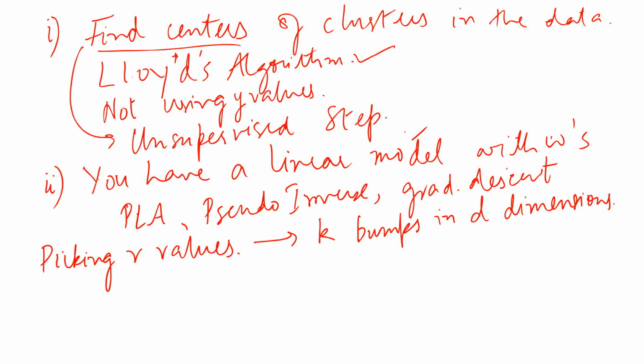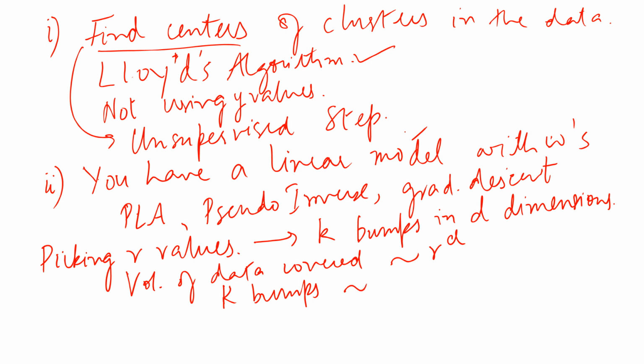If the radius R equals 1, then the volume covered by one bump will be almost R to the D. For all K bumps, it's going to be K times R to the D. And you want this to cover your entire data.